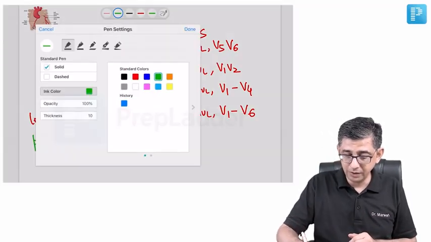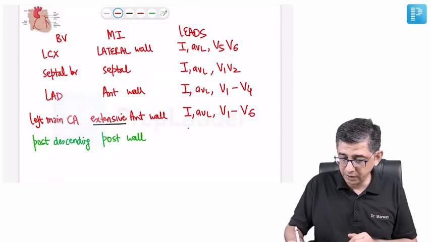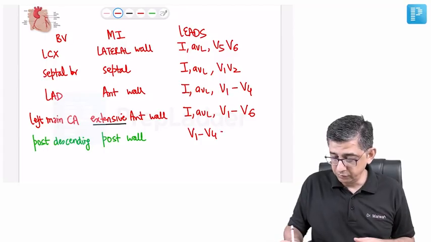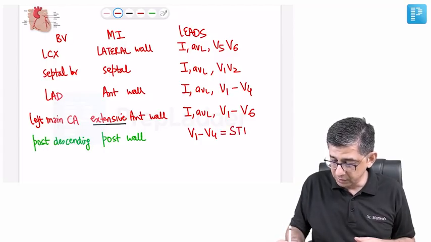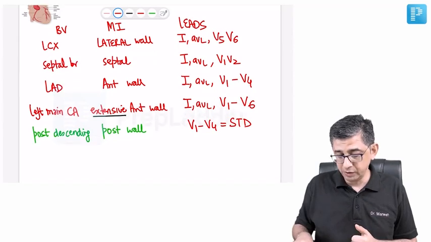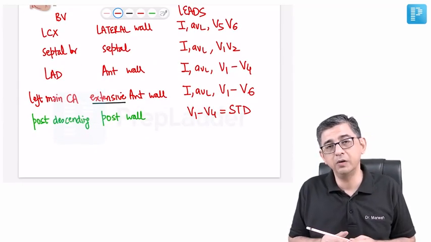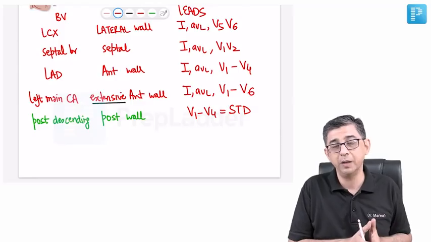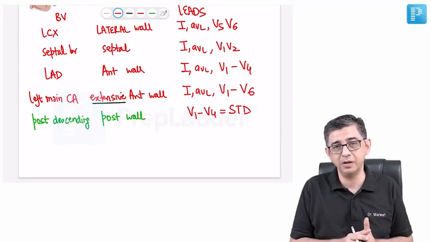When you scan the ECG of this person, you will notice that in V1 to V4, it's the posterior wall, right? The damage is in the back, it's not in the front. V1 to V4 will not have a ST elevation, but will have a ST depression. Traditionally we have ST elevation, that would be the common type of MI, but here you would get a ST depression.